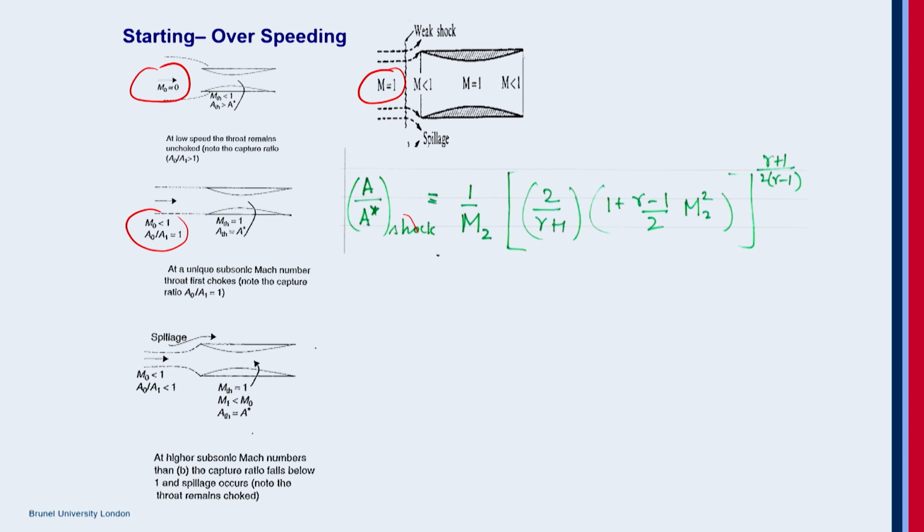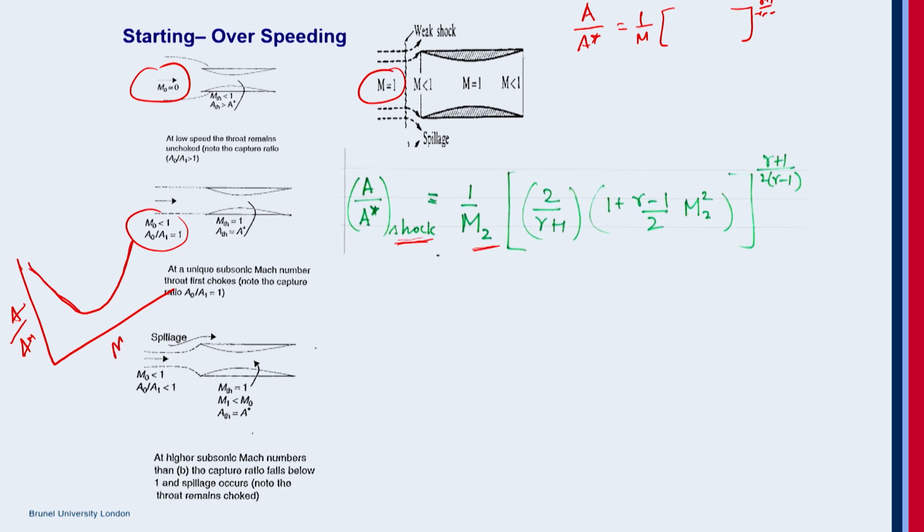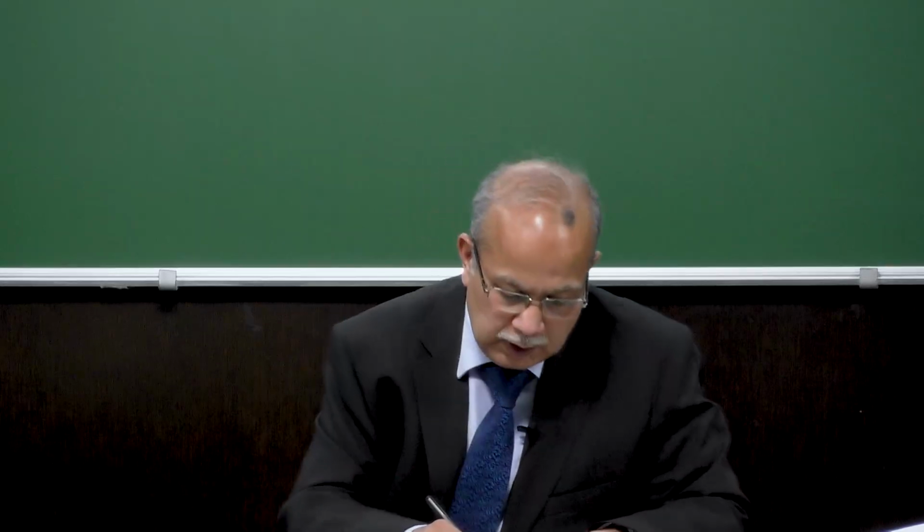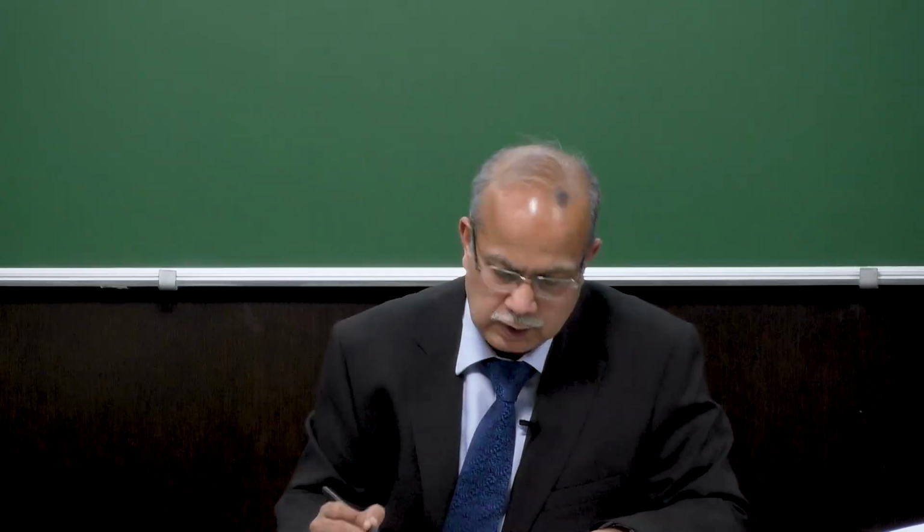Now, when you have the shock forming there, the equation we discussed before, A by A star, was an isentropic solution, with 1 by M and the power of gamma plus 1 by 2 (gamma minus 1). But now a shock has formed, so you need to account for the shock and get the shock solution, which looks something like this.